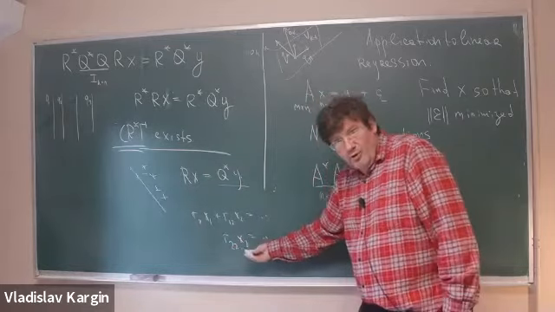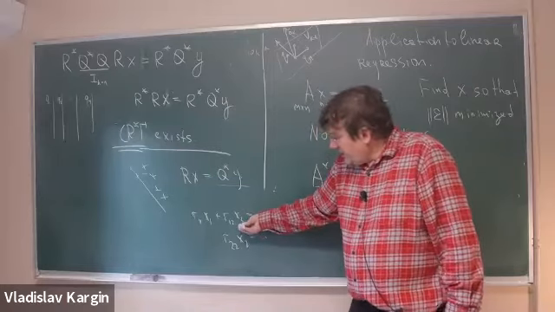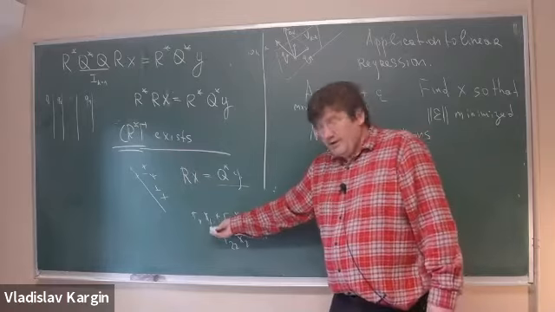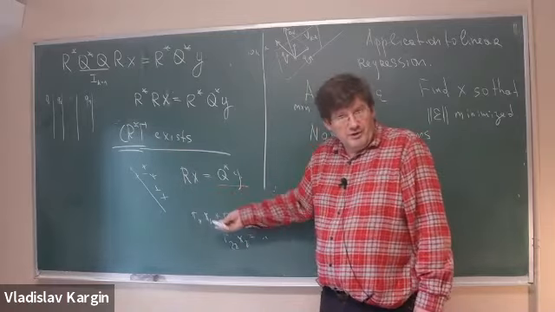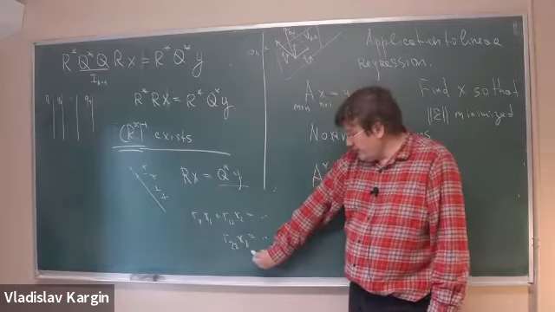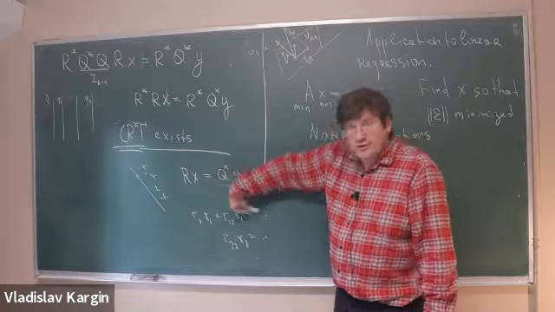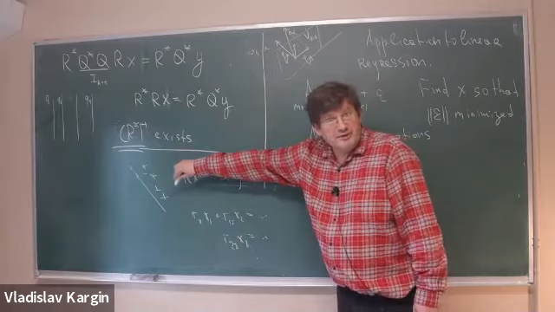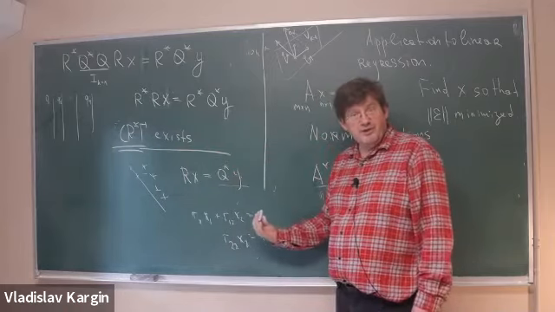From the lowest equation, you immediately find out what x2 is. Then you plug it in here, and you can immediately find x1 and so on. So this is a very easily solvable equation by substitution. From the lowest equation, you find x2, you substitute in the previous, you find x1, you substitute in the previous, you find the next one. So it's very easy to solve. An upper triangular system of equations is easy to solve.